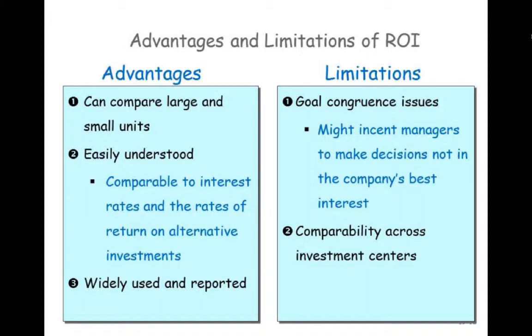And it's somewhat difficult to compare different units because ROI should be based upon risk, right? You should expect to have a higher ROI in a riskier business. You should be getting a risk premium. So simply comparing 40% versus 35% isn't enough. You need to understand the risks associated with various businesses.